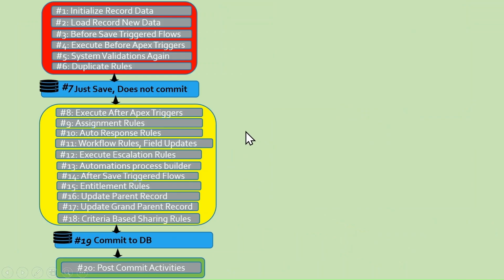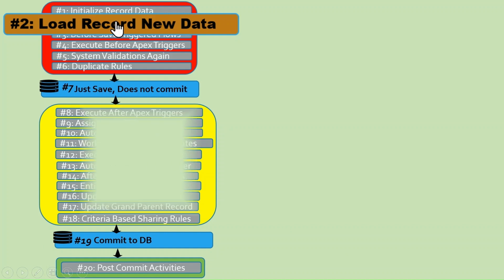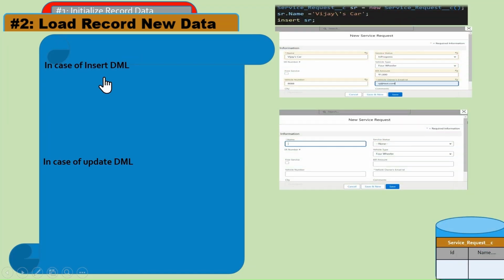Now step 2 gets executed. The responsibility of this step 2 is to load or override the input data into the record. Let's explore what Salesforce does as part of this step 2 for insert and update DMLs. First, let's take the insert DML example.